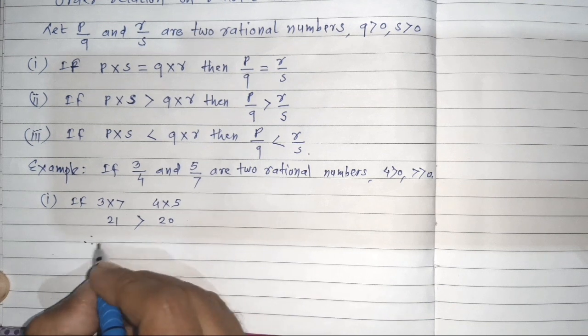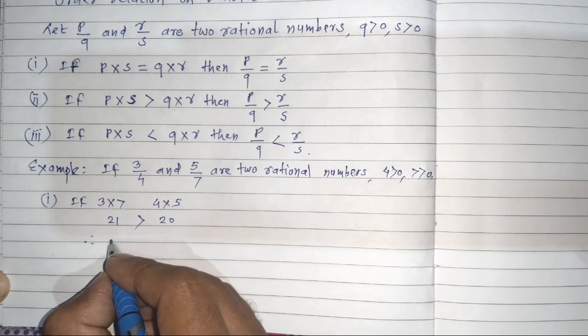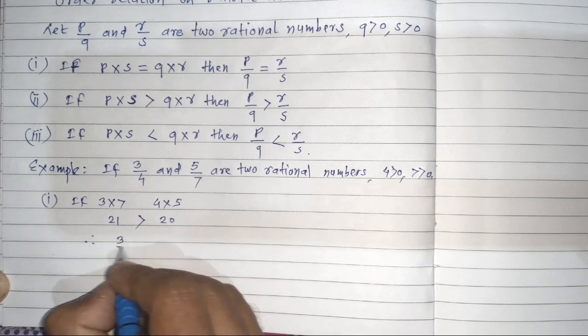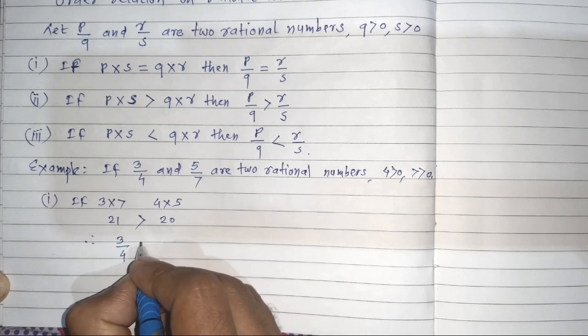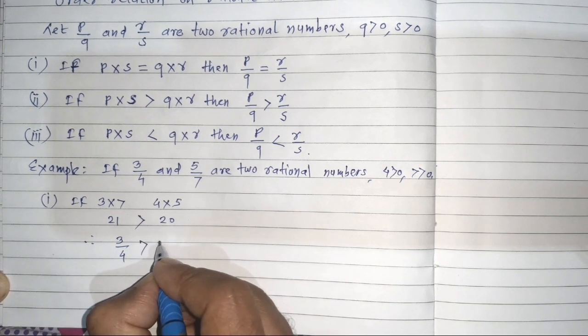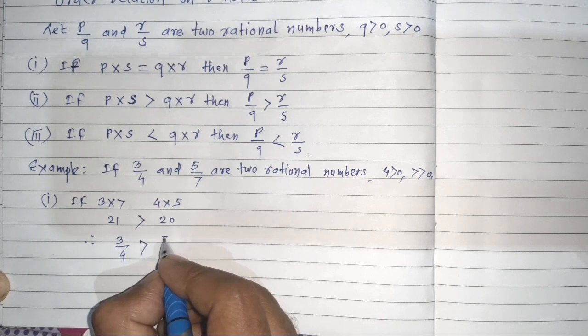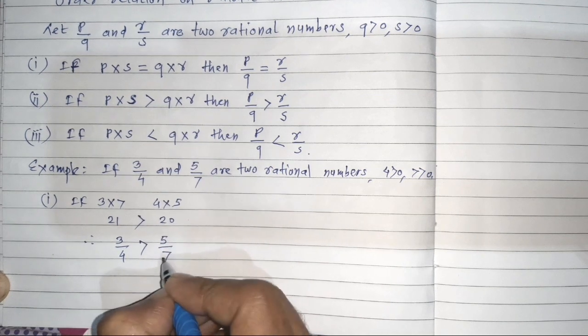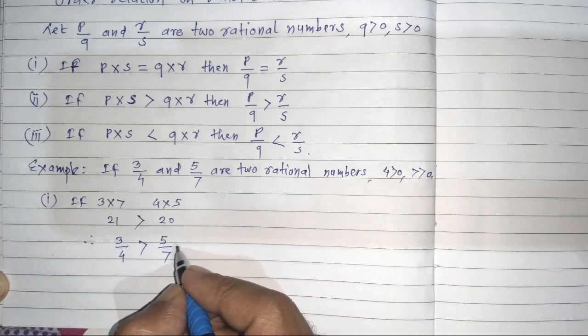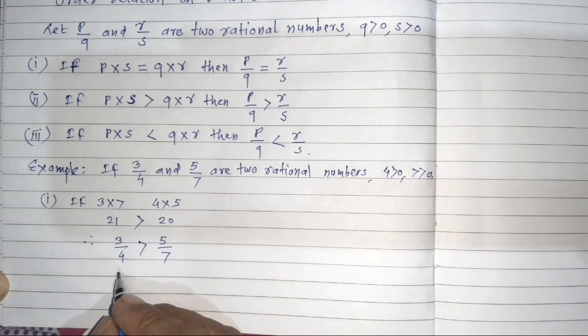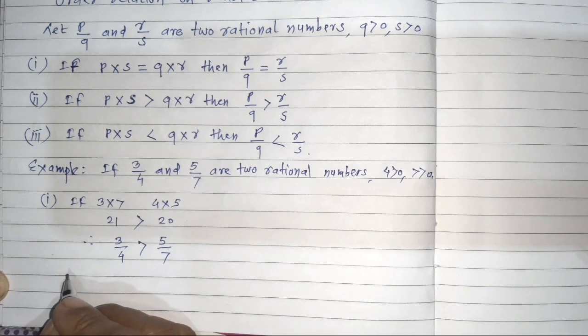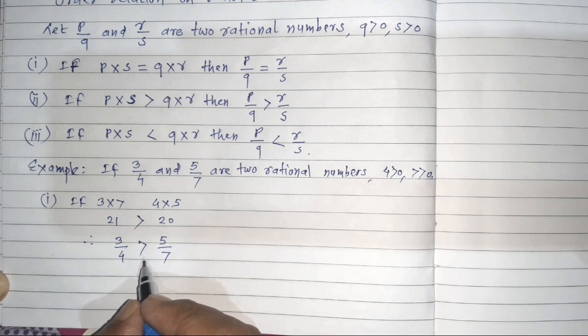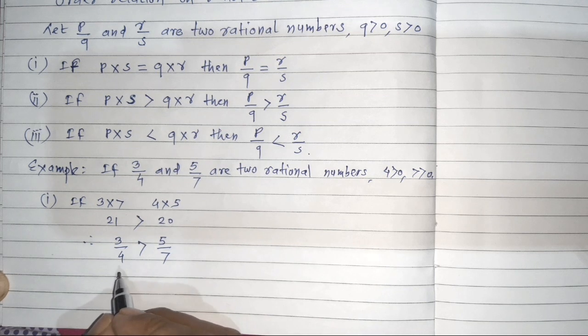Therefore 3 upon 4 is greater than 5 upon 7. In that way we can find the order relation between two rational numbers.